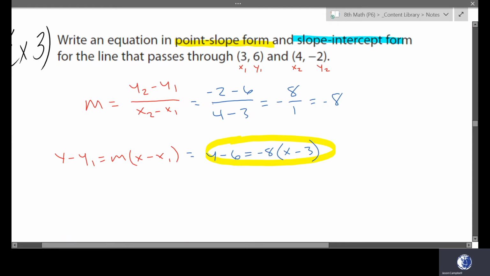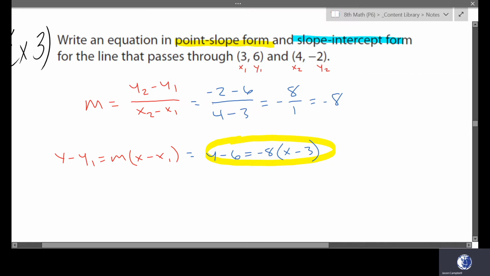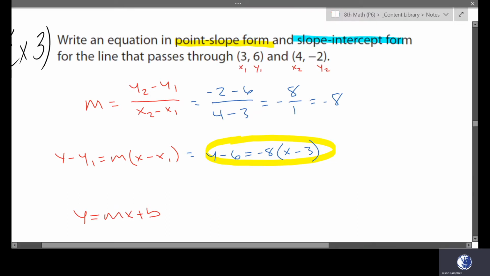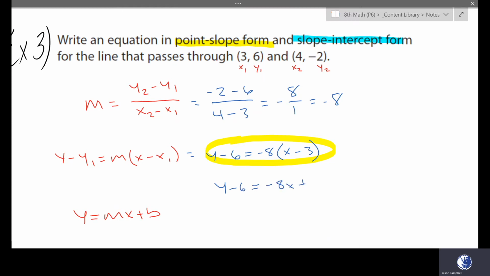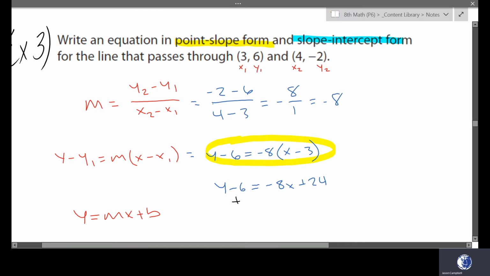To write this into slope-intercept, first I have to distribute. So I want to get it in y equals mx plus b form. So first thing I'm going to do is distribute that 8. So y subtract 6 is equal to negative 8x add 24. The next thing I'm going to do is add 6 to both sides.